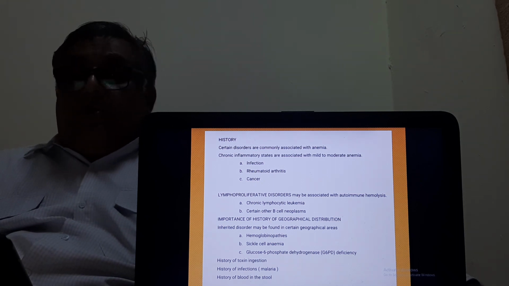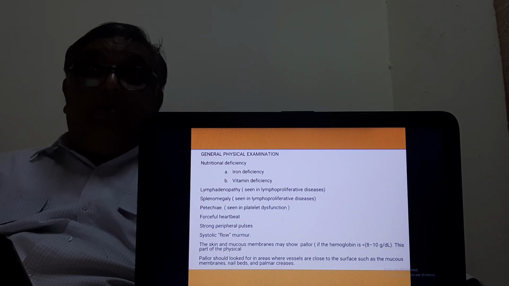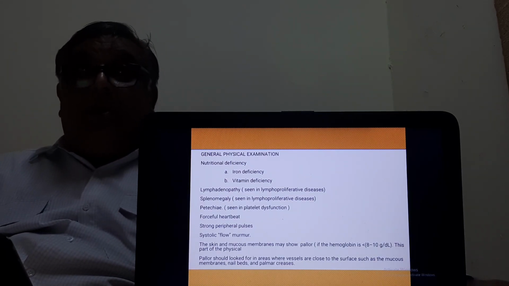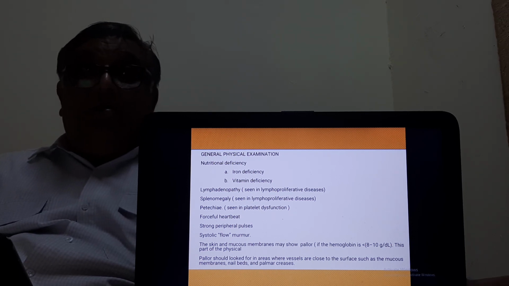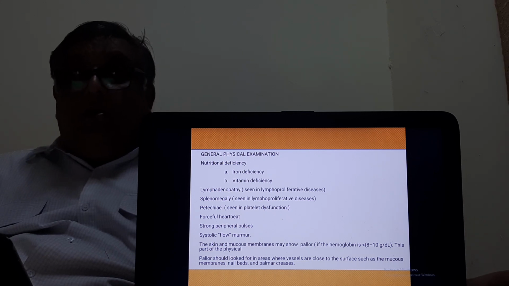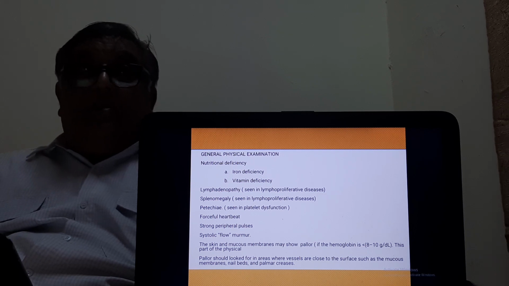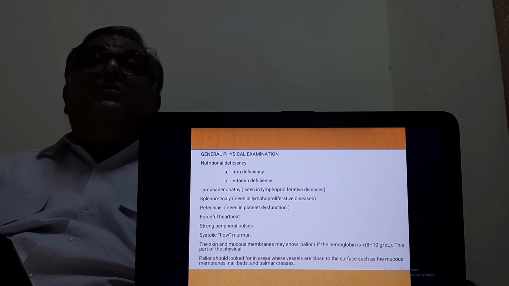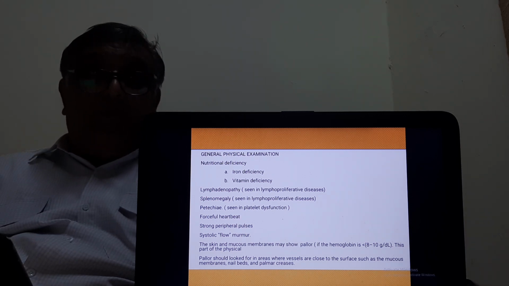As far as the examination goes, we must look avidly for signs of nutritional deficiency. For example, iron deficiency anemia may show a pale and bald tongue. There may be koilonychia, there may be platynychia. Vitamin B12 deficiency may present with neurological signs in addition to anemia.